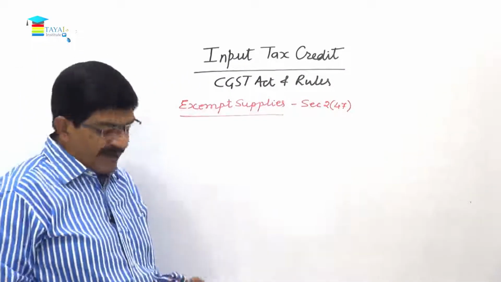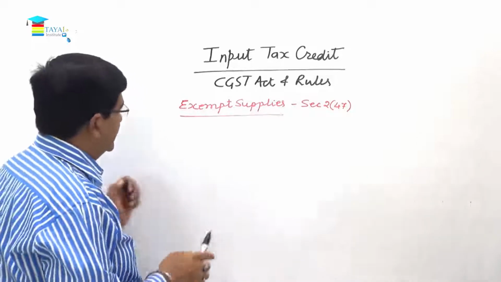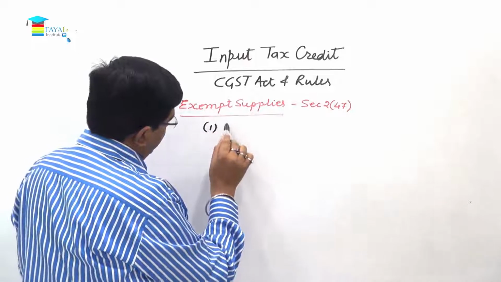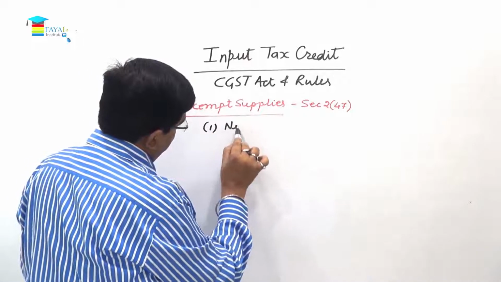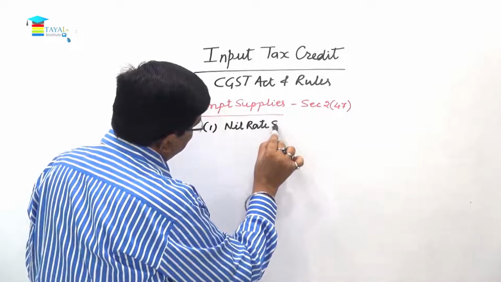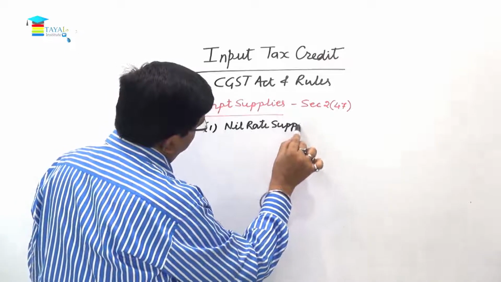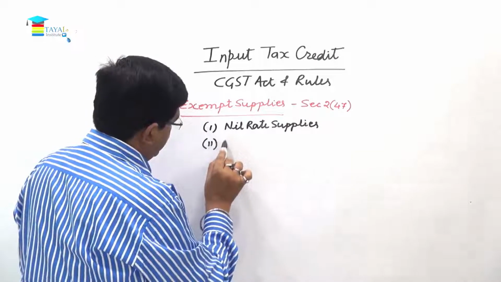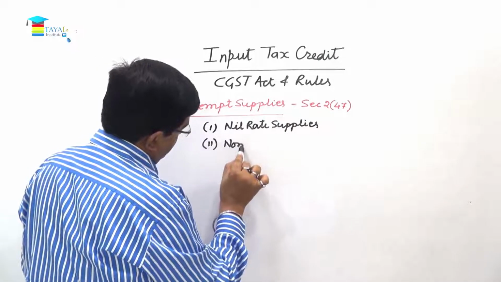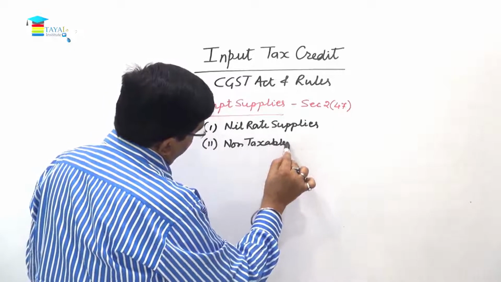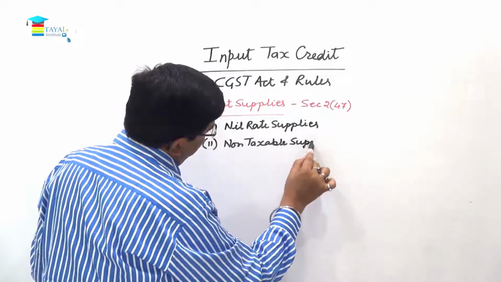Now exempt supplies: number one, nil rate supplies. Number two, non-taxable supplies.